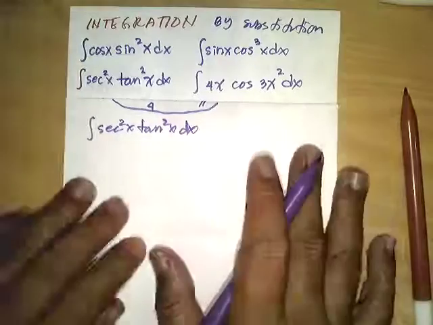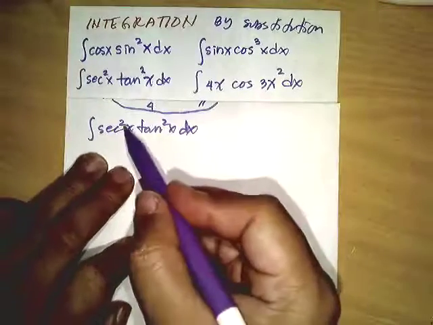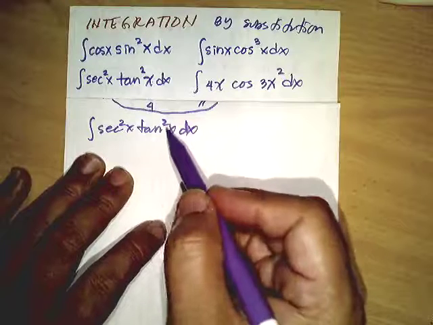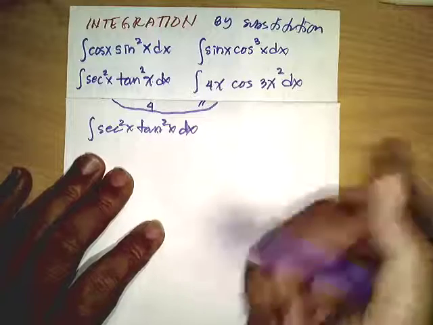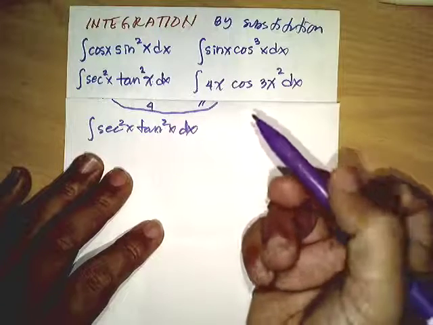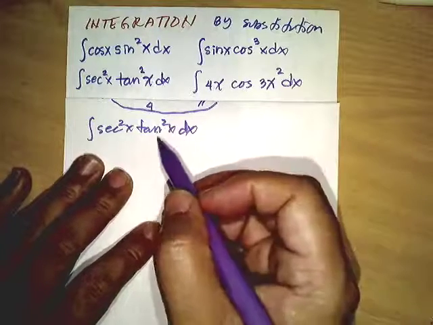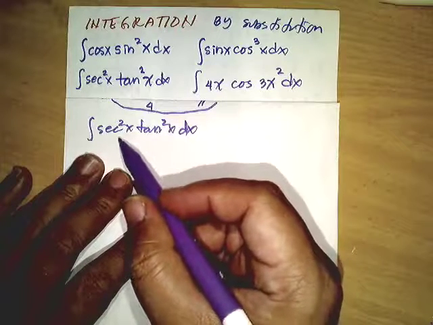Again, so here you're going to see that the secant is a power, the tangent is a power of 2. But which of these are we going to use as our u? Is it the tangent x or is it the secant x?